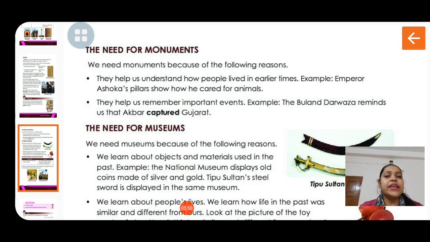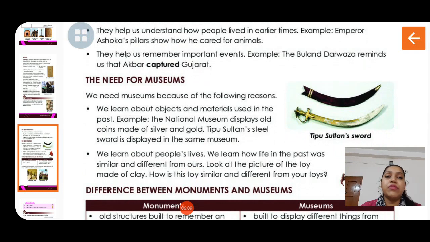Now here very clearly it's given why the need for monuments. They help us understand how people lived in earlier times. Then also they help us remember important events. So these are the reasons for which monuments are needed. Then what is the need for museums? We learn about objects and materials used in the past, and number 2 we learn about people's lives.